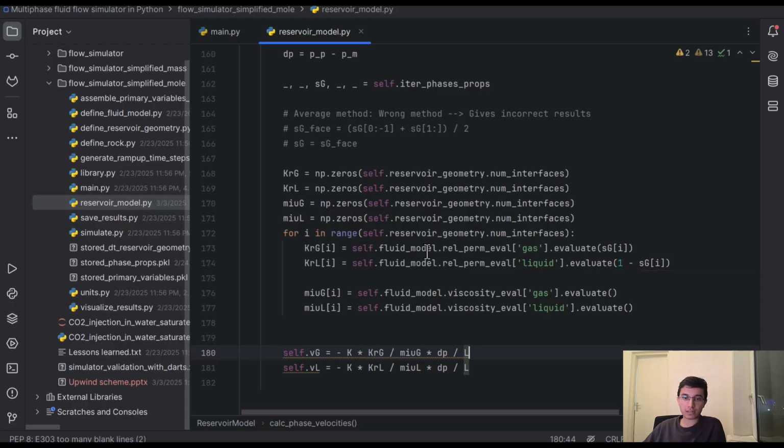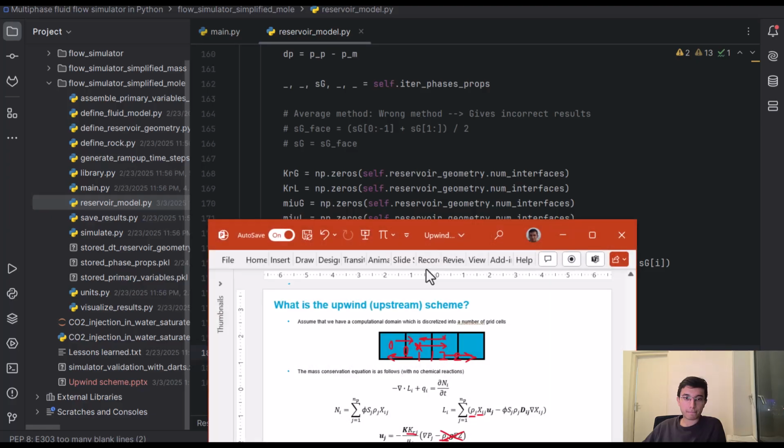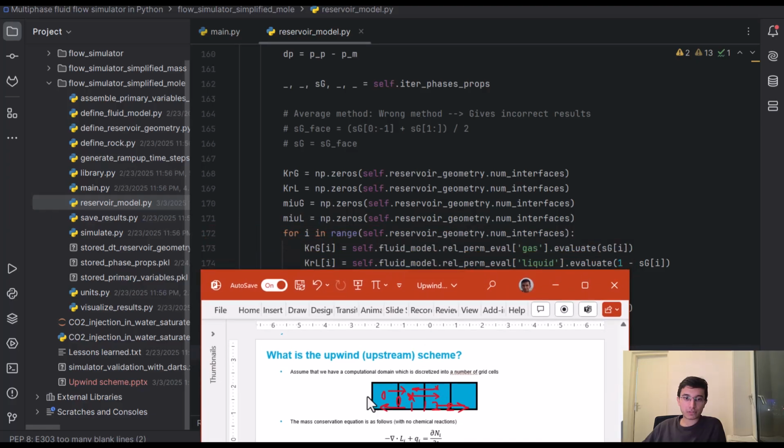What is done actually here is that, assuming that fluid is moving from left to right, for example, for the evaluation of phase relative permeability at interface I, let's say interface 0, I have used the saturation of the 0th cell, which is this one.